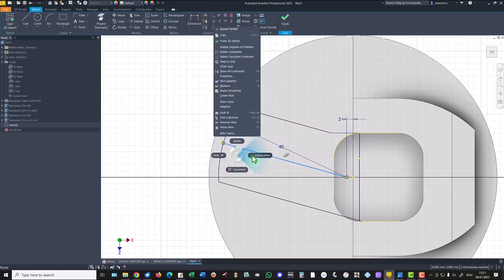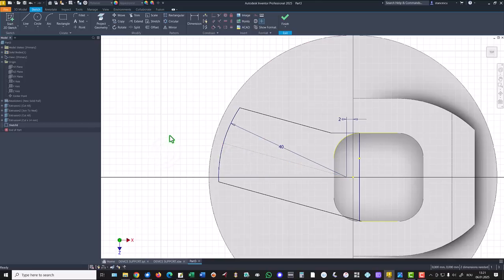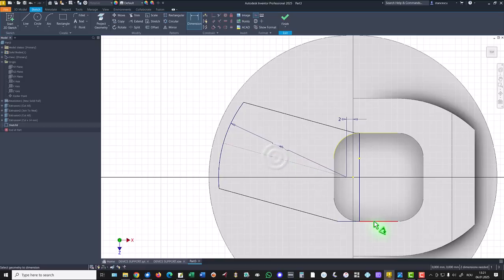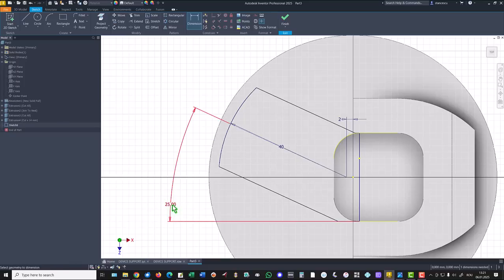This is construction, and I have to move a little this point here, and I place the dimension, the angle firstly of 25, then this distance of 26. Now we have a fully constrained sketch.